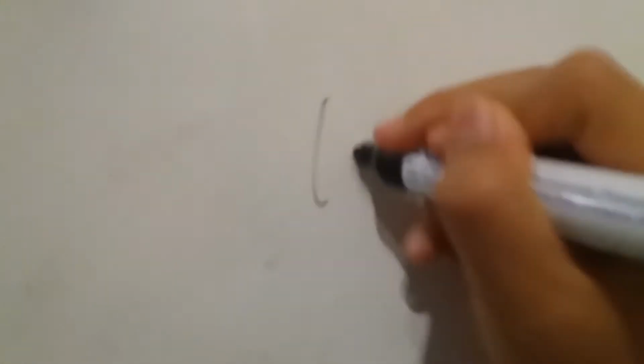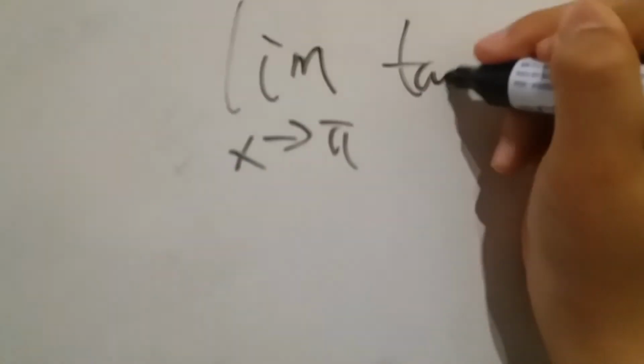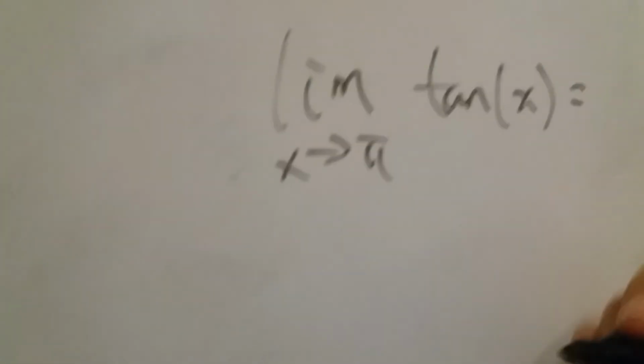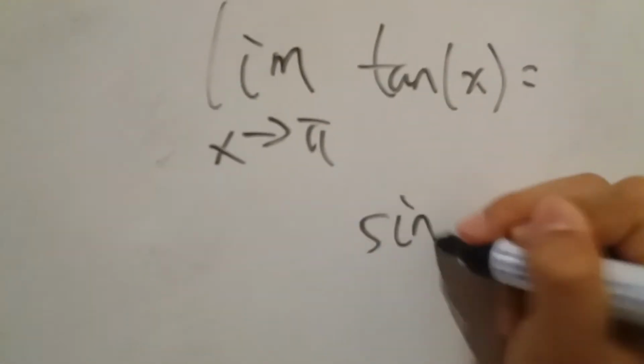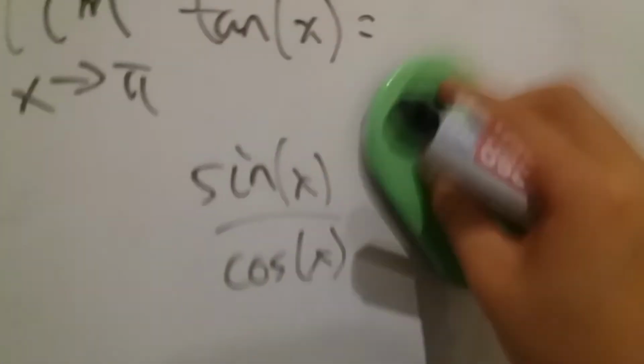Then you might ask, because we know how to do all these trigonometric functions, what is the limit as x approaches pi of tangent of x? Well, we could break that into sine of x over the cosine of x, because tangent is literally just the slope of the line, so that's tangent inside the unit circle definitions anyways.